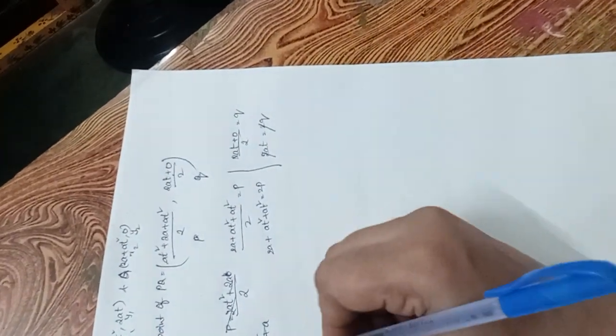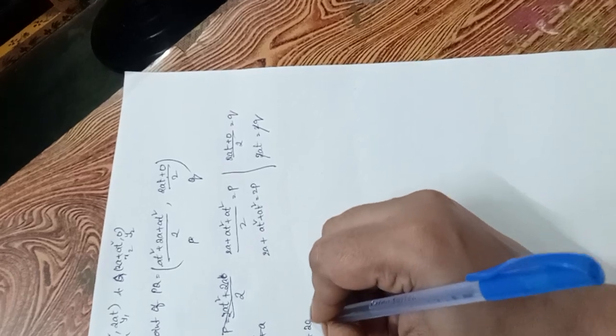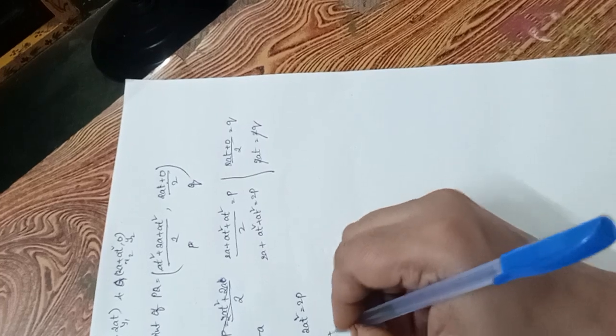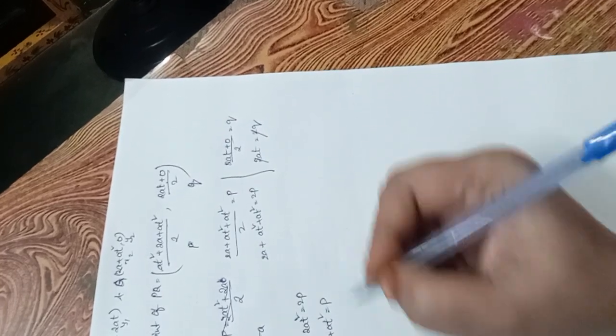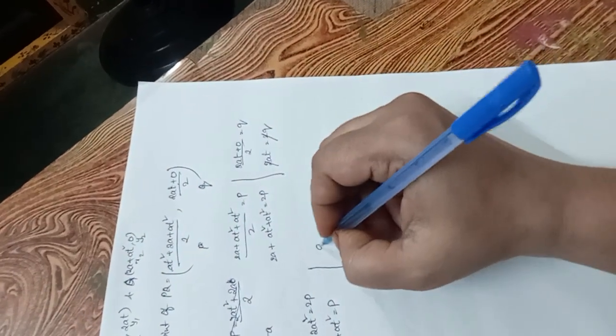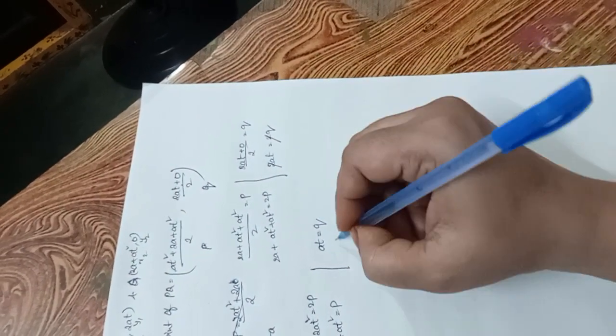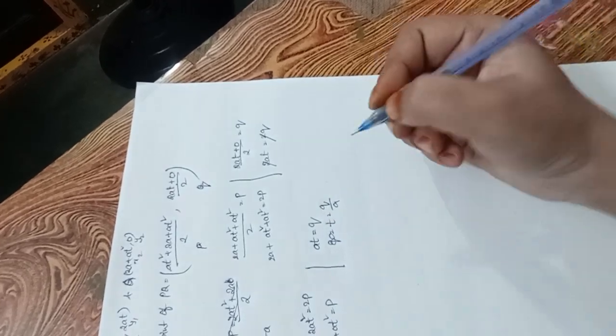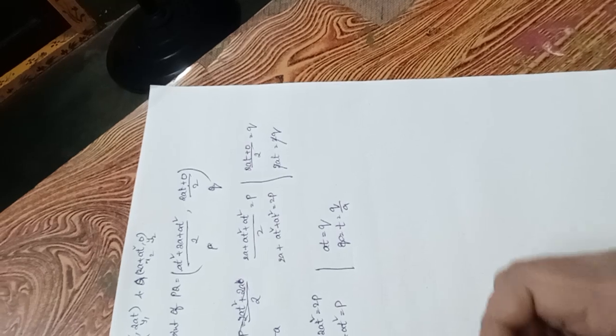Which implies 2a plus 2at square equals to 2p, which implies a plus at square equals to p, right? And this becomes at equals to q, t equals to q by a, right?